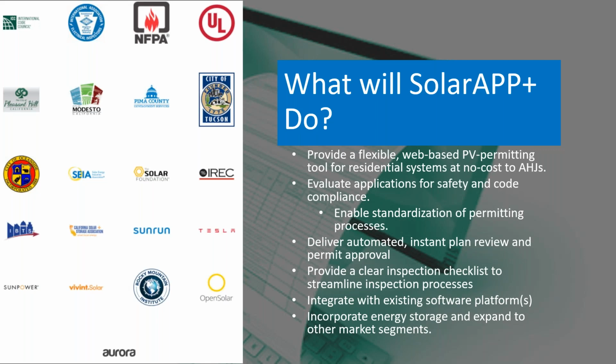And I say maintain the product going forward because we brought together all of the code entity organizations that you see here, including NFPA, ICC, UL, IAEI, jurisdictions, contractors, and subject matter experts across the market. We brought them together to evaluate the existing model codes, that is the 2017 National Electrical Code, the 2018 International Building Code, and the 2018 International Residential Code. Those are the most commonly adopted codes across the country today.